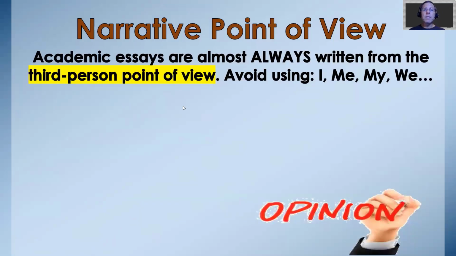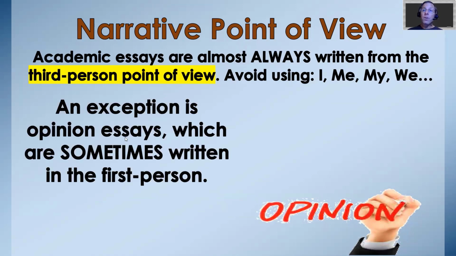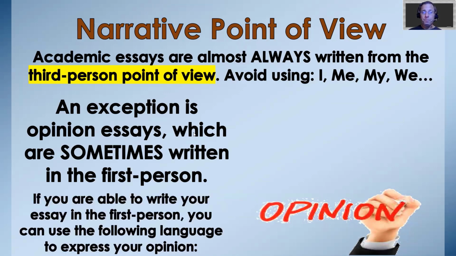So here we've got all these materials from our textbooks; they are in the Google Classroom, okay? I want to now discuss narrative point of view. When you're writing in an academic context, more often than not, you're going to be writing from the third person point of view, which means that you're going to avoid using I, me, my, and we. For our class, when we're writing opinion essays and persuasive essays, you are allowed to write in the first person.